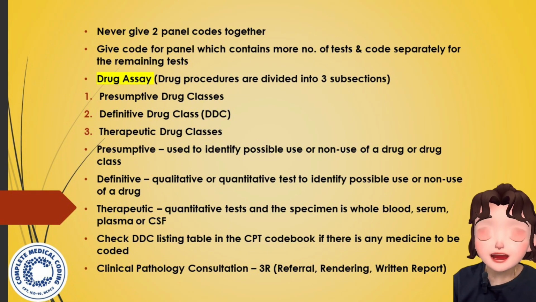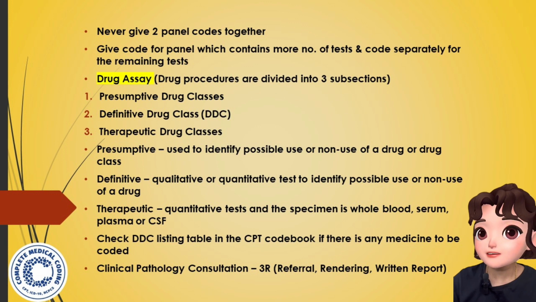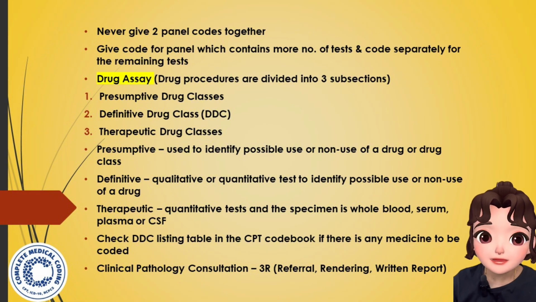Never give two panel codes together. We should not code two panel codes together, but give code for panel which contains more number of tests. Whichever panel is having more number of tests, you need to code that panel and then code separately for the remaining test. That's how panel test needs to be coded.